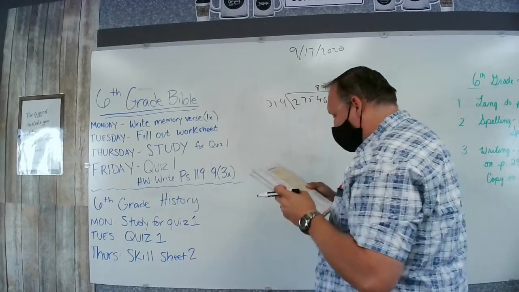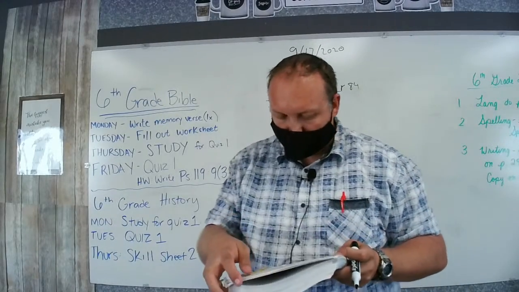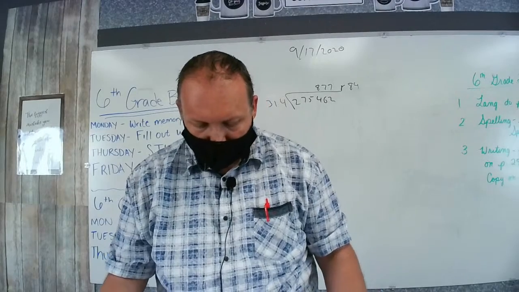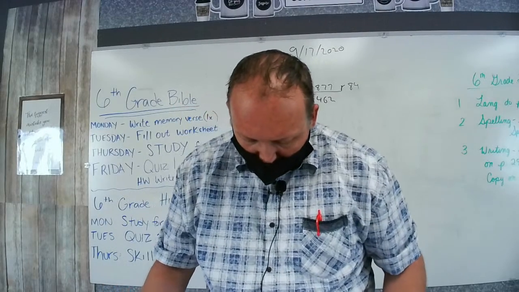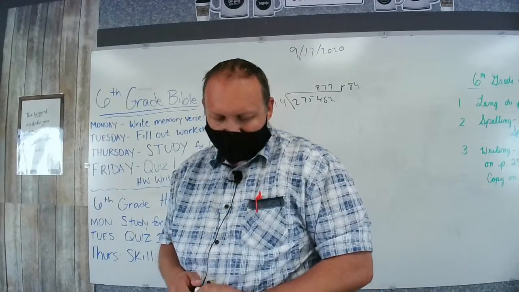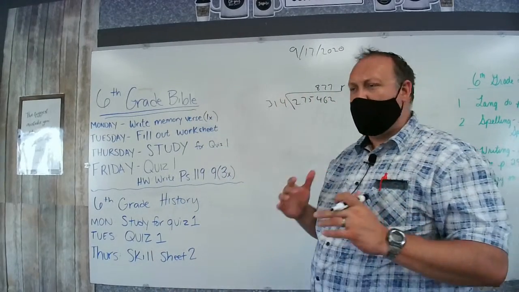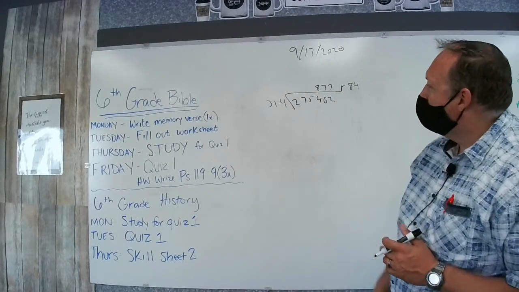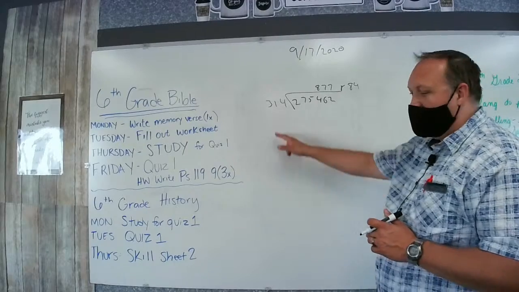Okay? So what we're going to do is for each section, we're going to go through and cast out our nines. So first things first, let's go over to the divisor, cast out our nines. Do we have any nines right here?